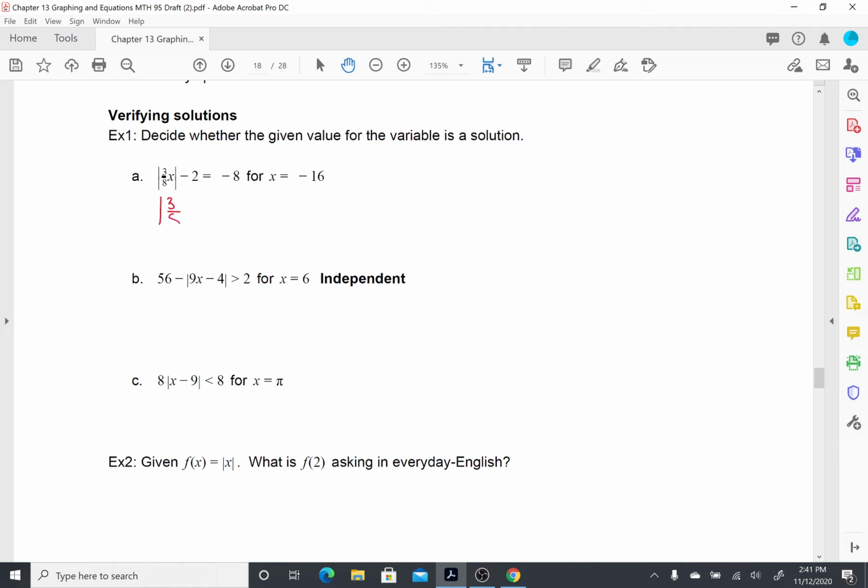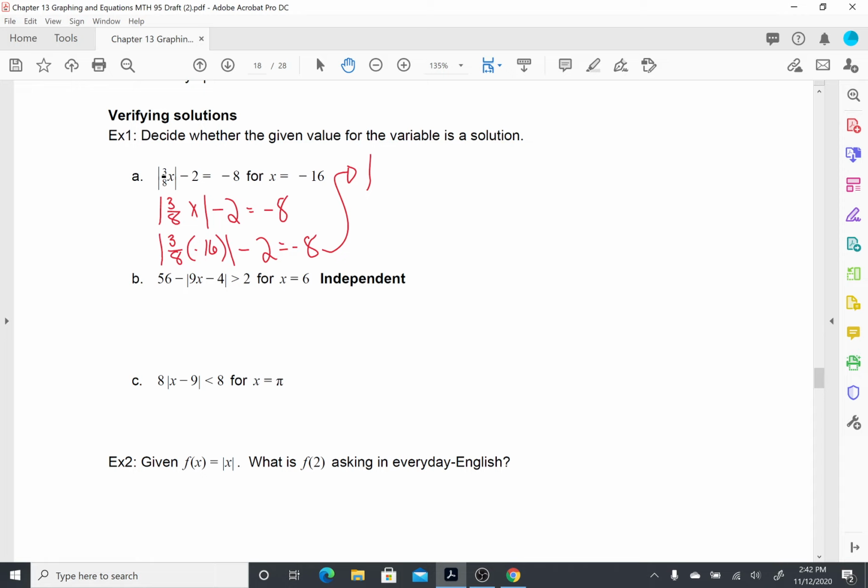So we have the absolute value of 3/8 x minus 2 equals negative 8. 3/8 times negative 16 minus 2 equals negative 8. I guess we're just trying to see if this is true. Still seems a little like a weird question.